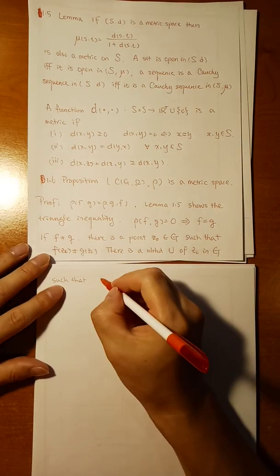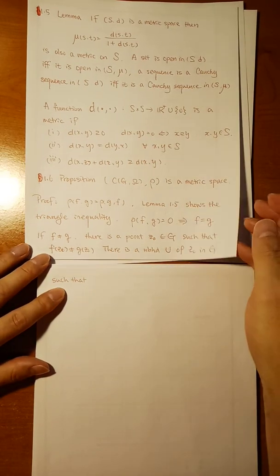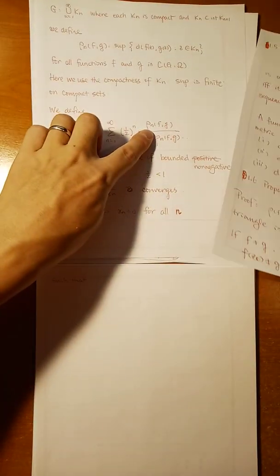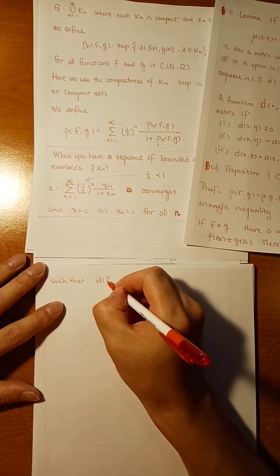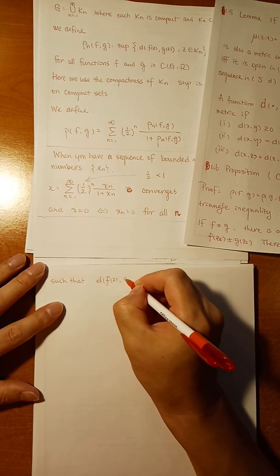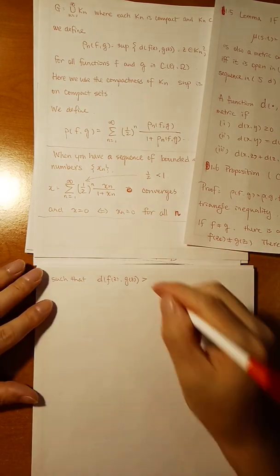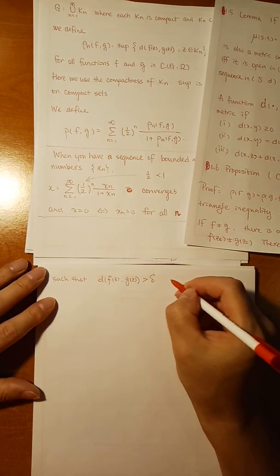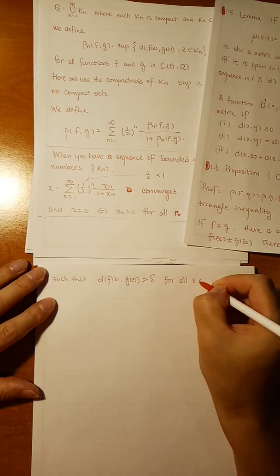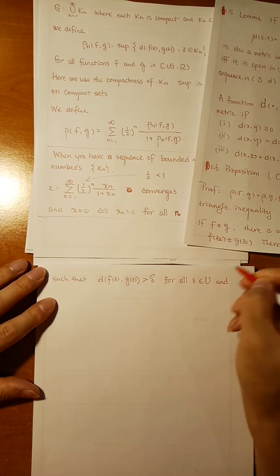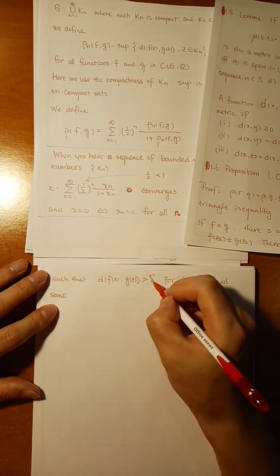the distance, where is the definition here? This one. The distance between f(z) and g(z) is going to be less than some delta for all z in U. Let's choose this delta.